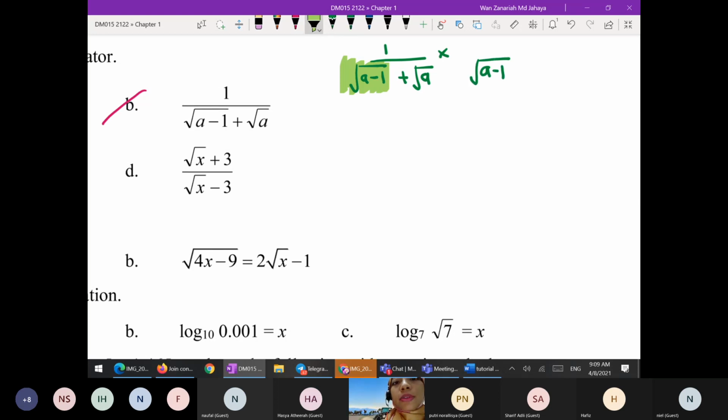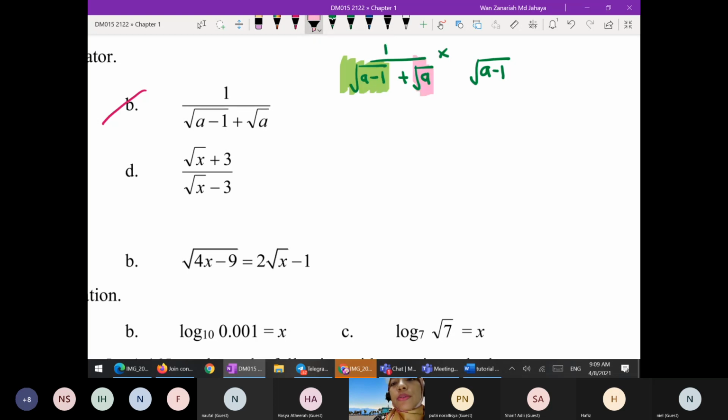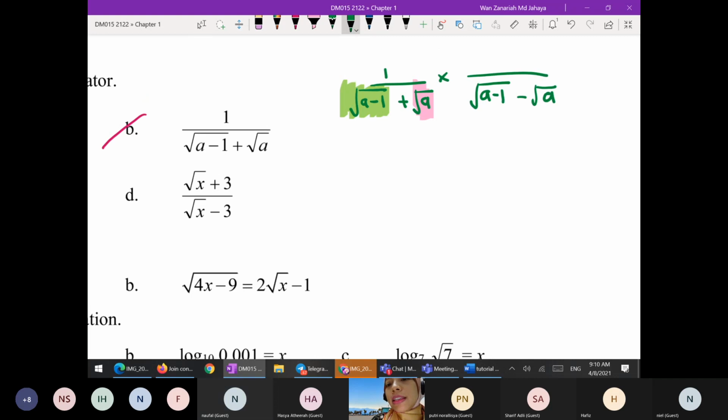And then this is our B. So we're going to take everything A, tetapi plus ini tukar jadi minus. So pemilihan conjugate ini mesti betul dulu otherwise you will get it wrong. Minus set A. Okay. So bila dah dapat ini, then only you proceed.